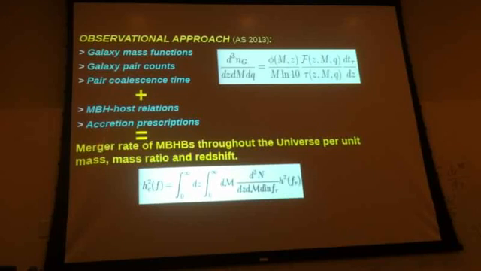Then you can combine all this observation with the black hole-host mass relation, etc., and you can come up with a phenomenological massive black hole coalescence rate, which is based on observations only. And it fulfills basically all the observational constraints, okay?